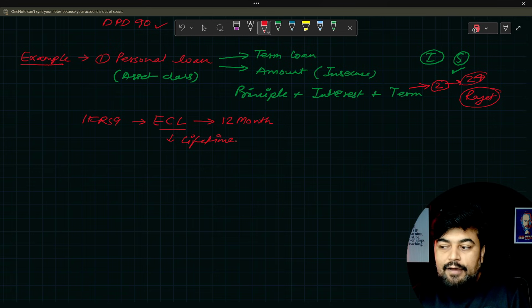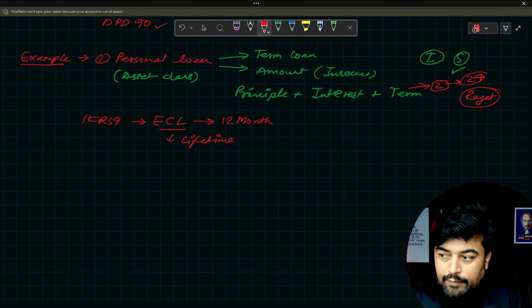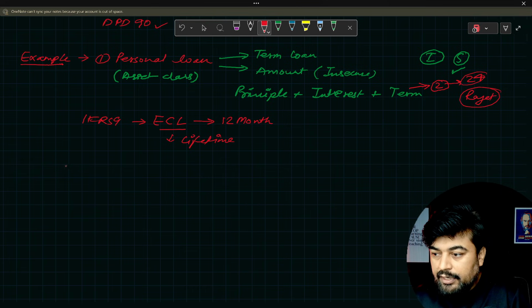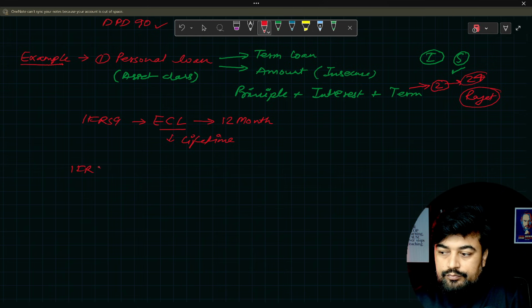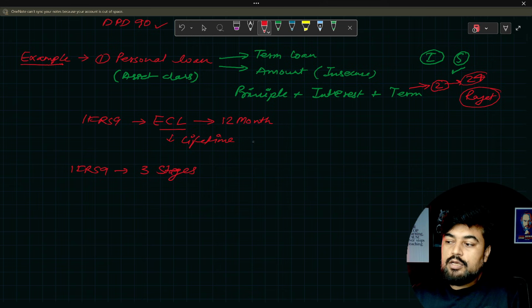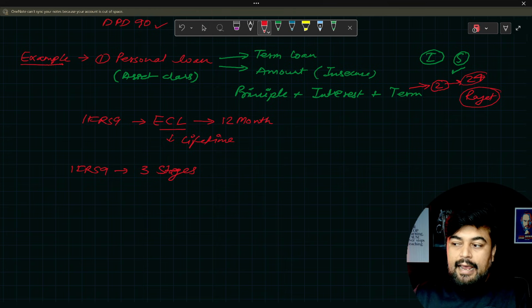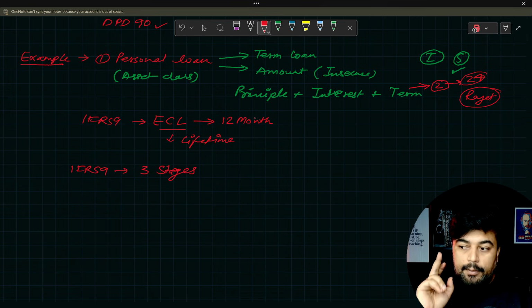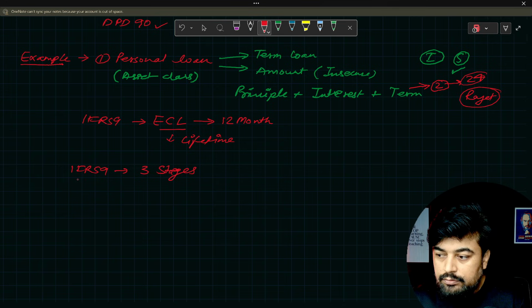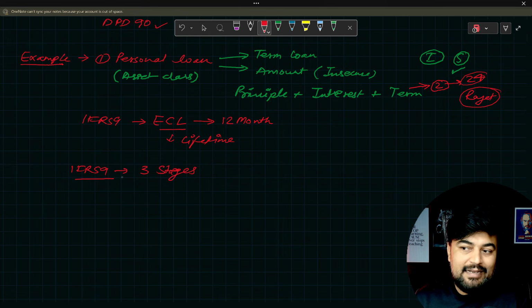Now, if I drill it down more, when I spoke about the stages in IFRS 9, there are 3 stages. I spoke about this too at the PD level. First we calculate 12 month, then the lifetime calculation happens. So from the calculation perspective, it's 2. But the real answer to how many stages IFRS 9 has is 3.